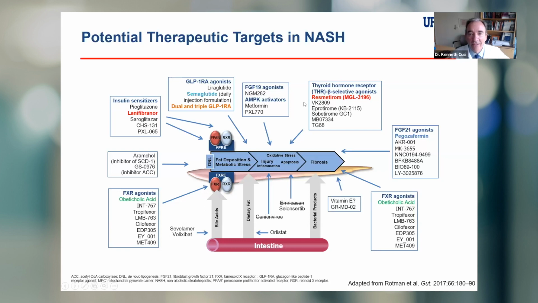We're all waiting to see what's going on with FDA and resmetirom. We saw in the New England Journal a recent paper with the FGF21 agonist. The 2 drugs that I can talk about from the endocrine perspective are lanifibranor as a pan-PPAR agonist and dual and triple agonists.